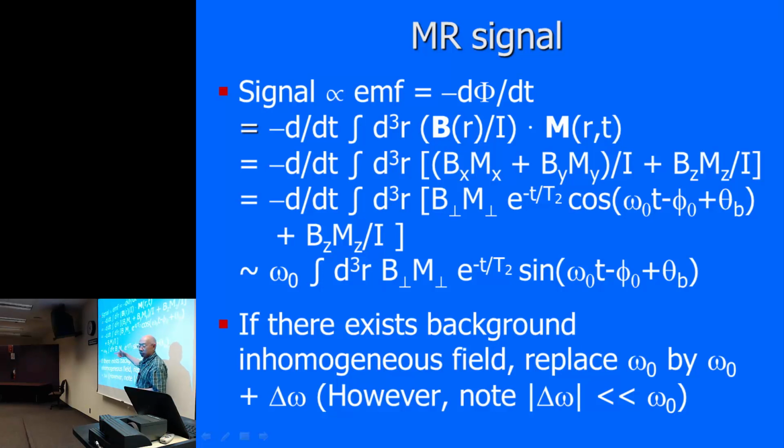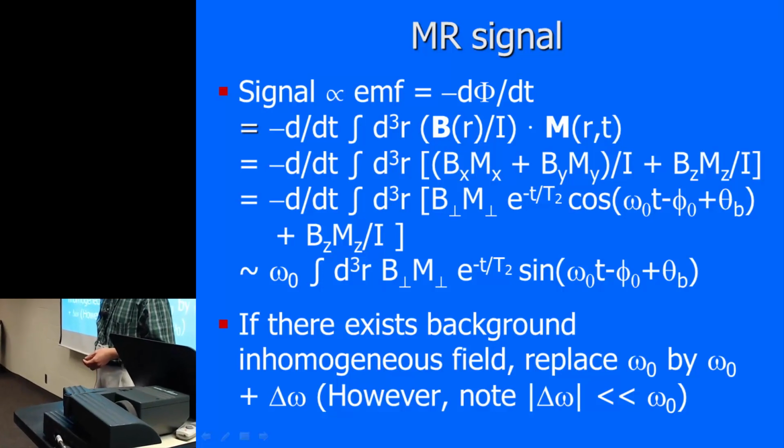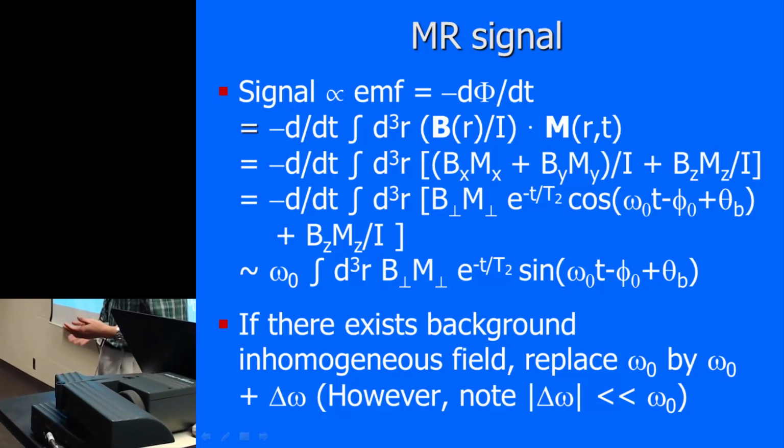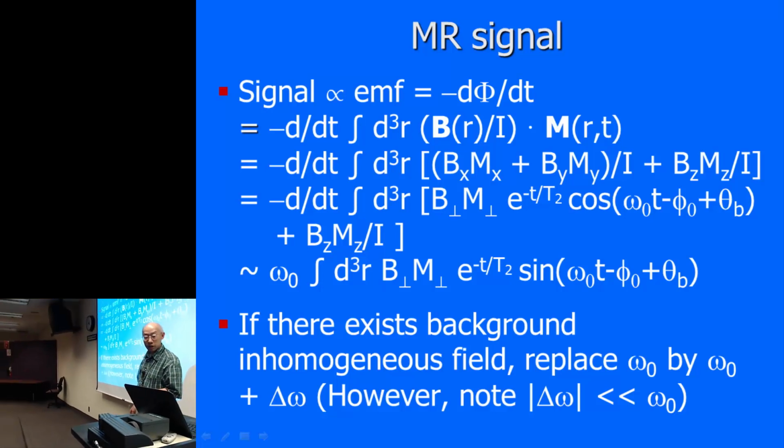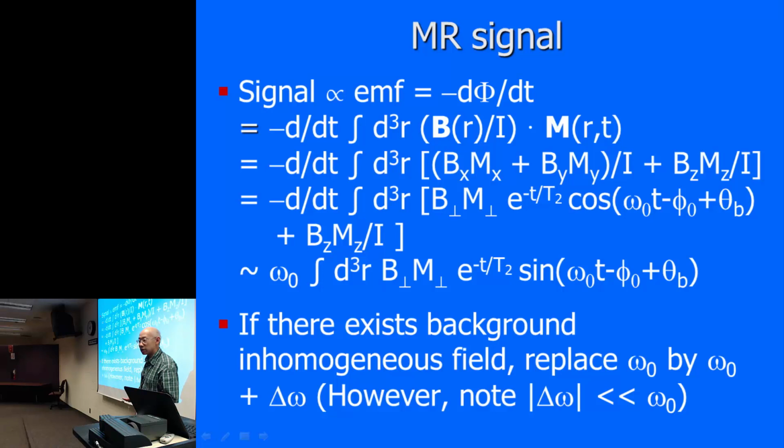Now remember in chapter 4 I said, what's the order of magnitude for T2? For most biological tissues or liquids, it is about 100 milliseconds. So 1 over T2 gives us about 10 hertz.